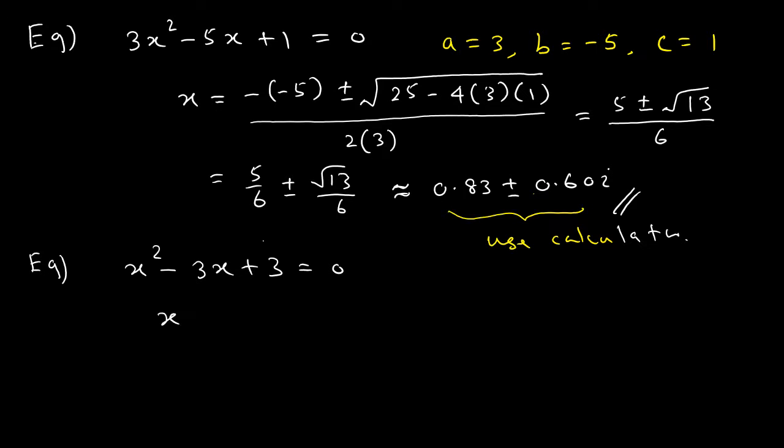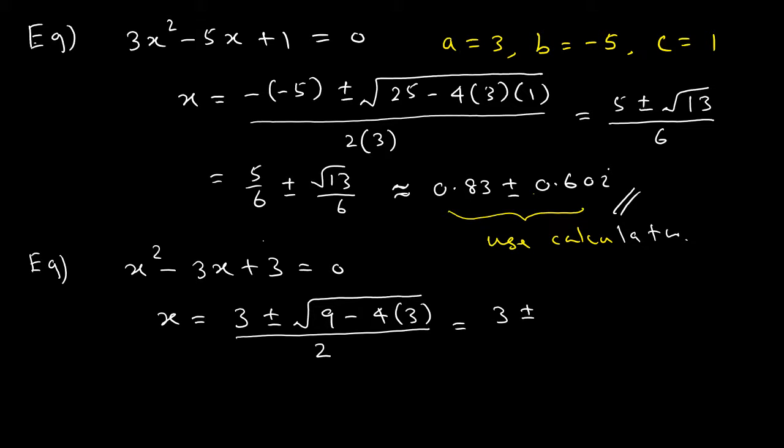So x equals negative b, that means 3, plus or minus b squared, that means 9, minus 4ac, that means a equals 1, so we can ignore that, so you get that, over 2a, that means 2. You can get 3 plus or minus, you get negative 3 square root over 2.